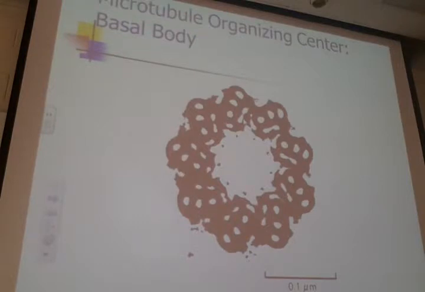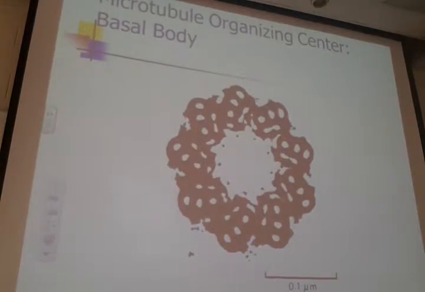Well, this brings us first to a second kind of organizing center. And it's the one I mentioned earlier called the basal body. And as we'll see in just a moment, the basal body really looks surprisingly similar to a centriole. So here is a cross-section through a basal body.